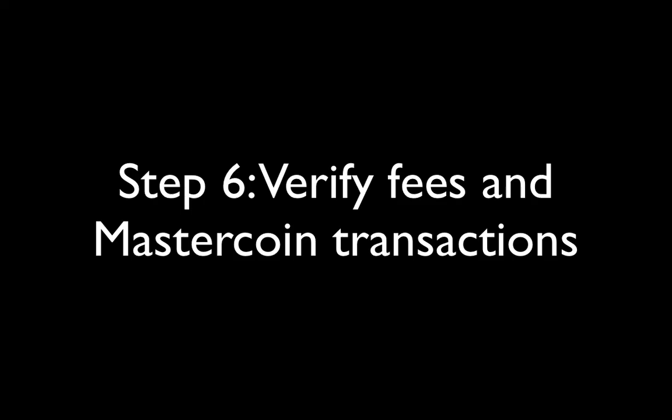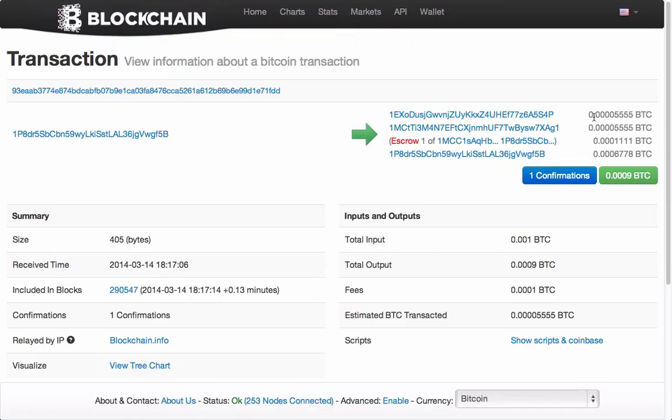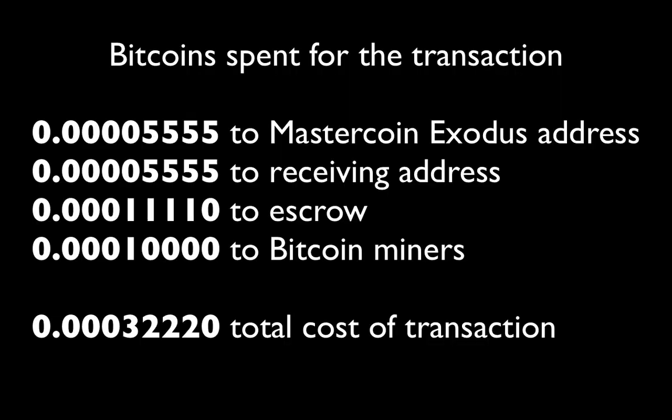So let's now verify the fees, see how much we paid, and the Mastercoin transactions. Let's see what we paid in Bitcoins. First, we paid 0.00005555 Bitcoins to the Mastercoin Exodus address.